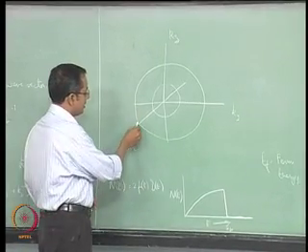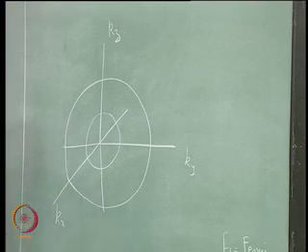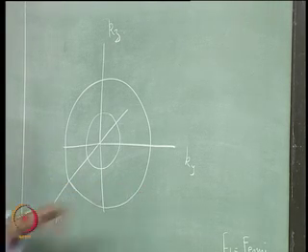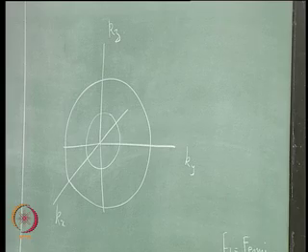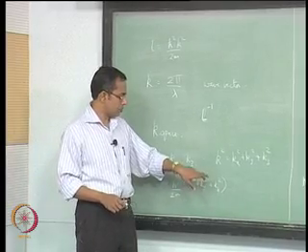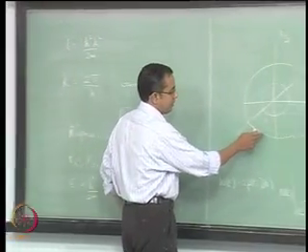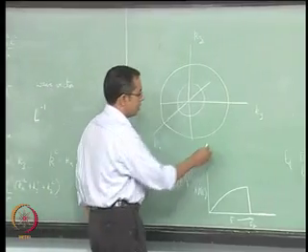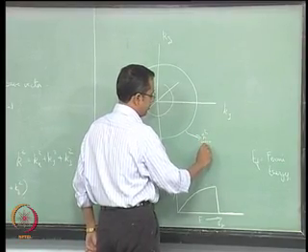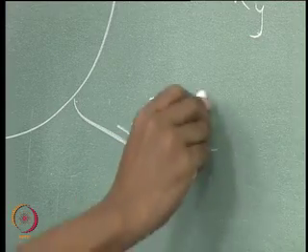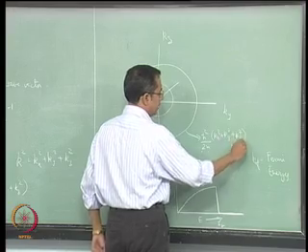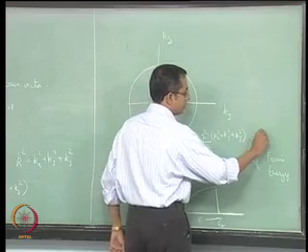You will reach a sphere here where, for this particular sphere, this larger sphere that I have drawn here, h bar square by 2m times kx square plus ky square plus kz square will be equal to this value of EF.